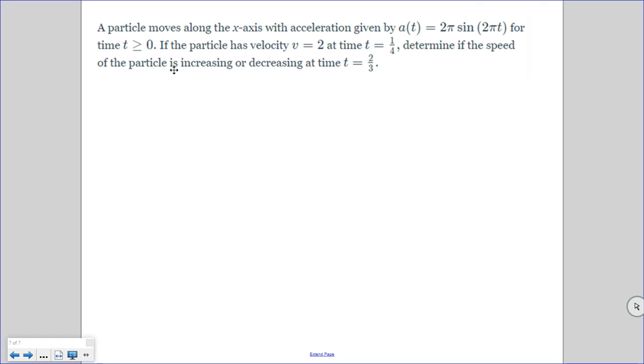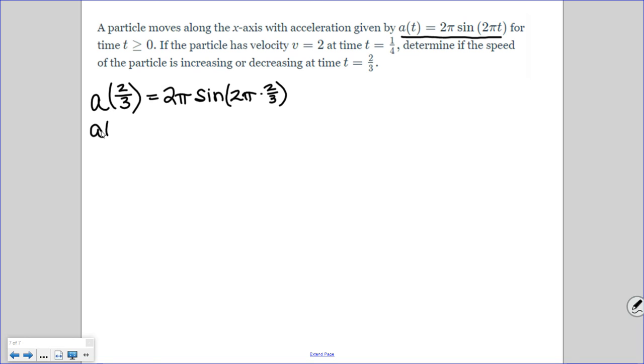First, I need to figure out, is the speed of the particle increasing or decreasing at time 2/3? So I need to know what's happening with acceleration. First thing I need to do is take that acceleration formula and substitute in 2/3 to see what sign we get. So a of 2/3 equals 2 pi times the sine of 2 pi times 2/3, which equals 2 pi times the sine of 4 pi over 3.